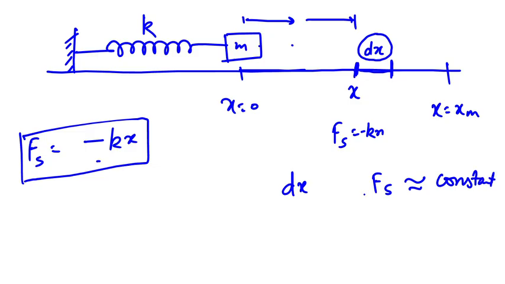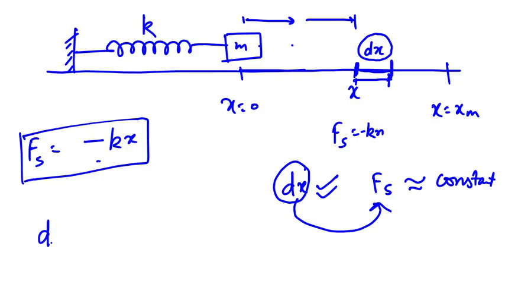This is the process by which we are going to obtain work done. So from here to here, in this span, the small work done is dW equals Fs into dx. Very simple.